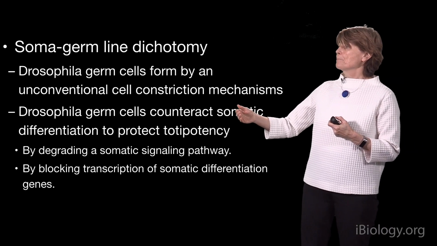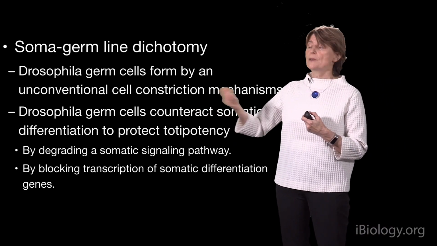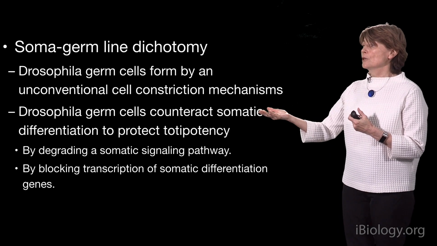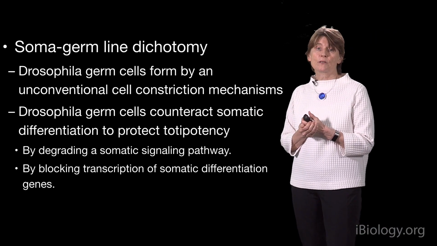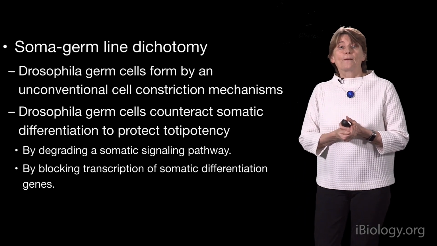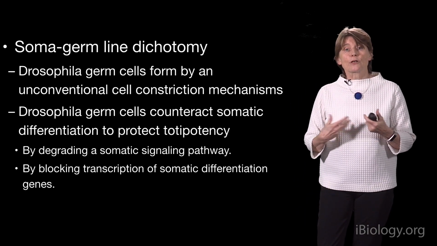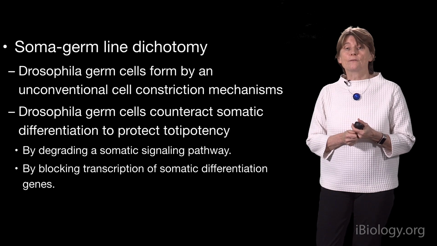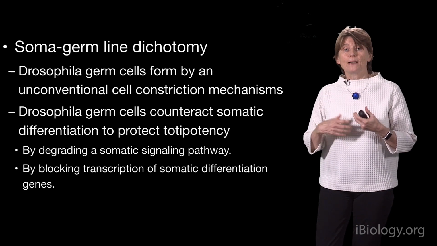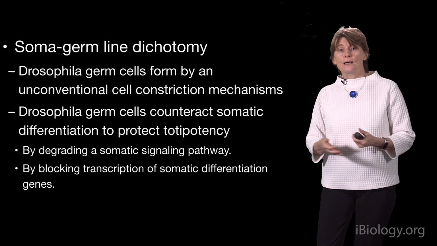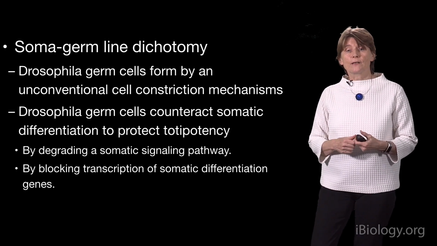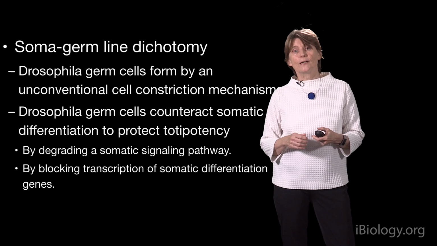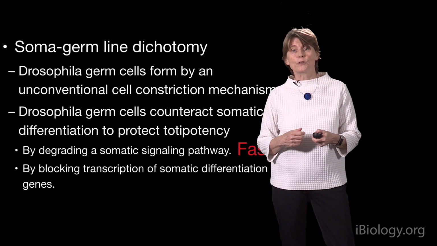And so to take home from what I was telling you is that germ cells first form by an unconventional cell constriction mechanism in Drosophila, and then that Drosophila has 2 mechanisms of avoiding somatic differentiation and thereby protecting its totipotency, and one is by degrading the somatic signaling pathway, and the other one is by blocking transcription.